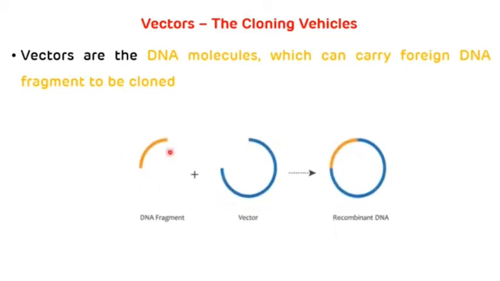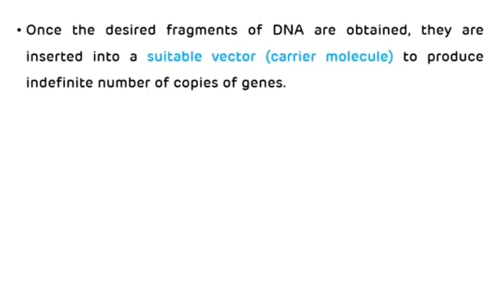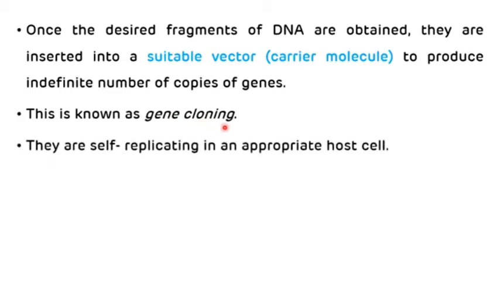So this is the foreign DNA fragment which is carried by the vector to produce recombinant DNA. Once the desired fragments of DNA are obtained, they are inserted into a suitable vector to produce an indefinite number of copies of genes. This is known as gene cloning, and they are self-replicating in the appropriate host cell.